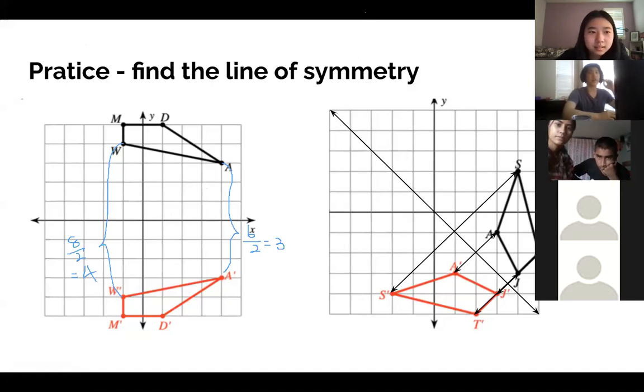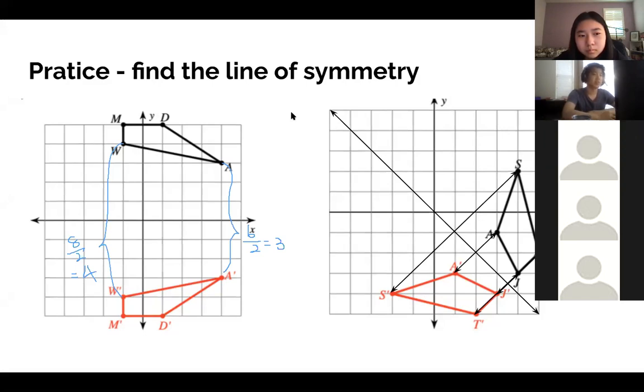All right, I guess I can go over that one more time. So basically, the line of symmetry is just a line in which two corresponding points from the both of the figures have the exact same distance to it. For example, over here, we can see that from A to the line of y equals negative x is a distance of square root 2 units, right? Because of the Pythagorean theorem, 1 plus 1 equals 2. Square root of 2 is this distance right over here.